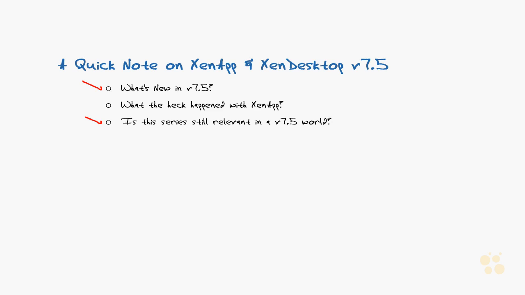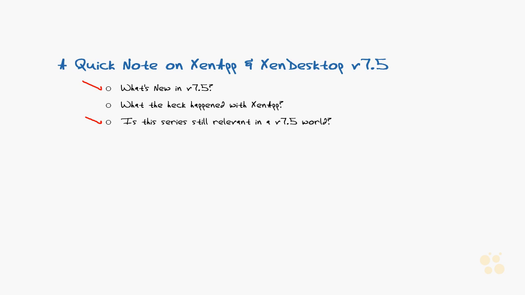For all intents and purposes, XenDesktop version 7.5 is an update that is kind of a compilation of a lot of different bug fixes. There are a couple of improvements, though they're not even really major. 7.5 now supports cloud deployments of XenApp and XenDesktop, remote power control for physical PCs whenever you're doing remote PC access, which is a technology we'll talk about a little later in the series.